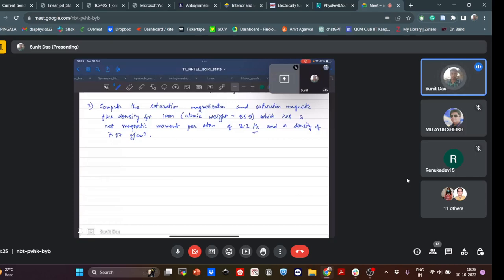So mu b is basically the Bohr magneton, the unit of magnetic moment. So we need to find the total number of atoms per unit volume. Then we can find the magnetic moment per atom and consequently the saturation magnetization.